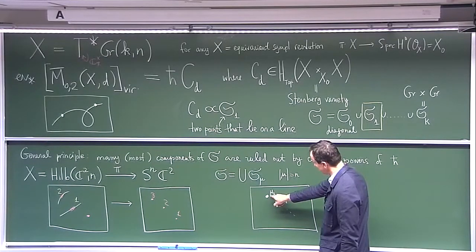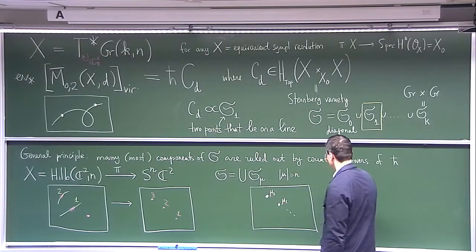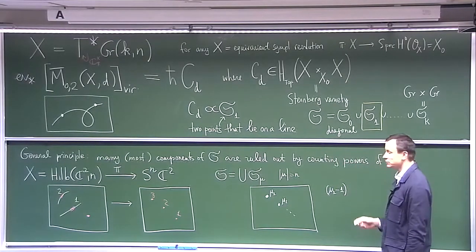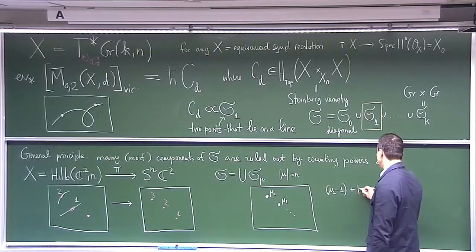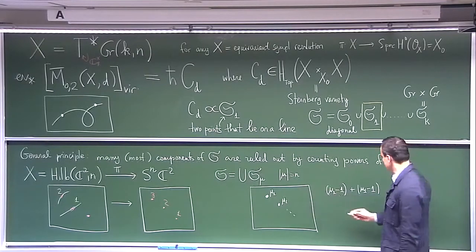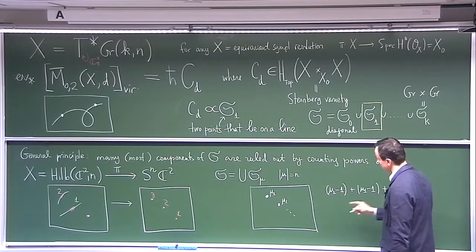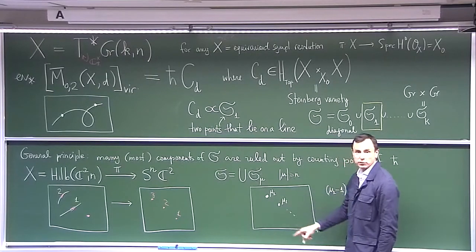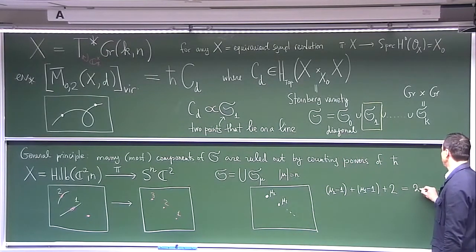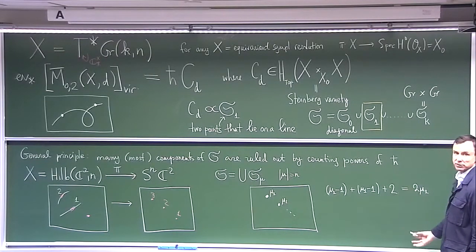For every part of mu, you get mu_i for the dimension of the fiber in the first factor, plus mu_i minus 1 for the dimension of the fiber in the second factor, plus 2 for where that point is located. So each part contributes 2 mu_i. And so you sum them up, you get exactly the dimension of x.